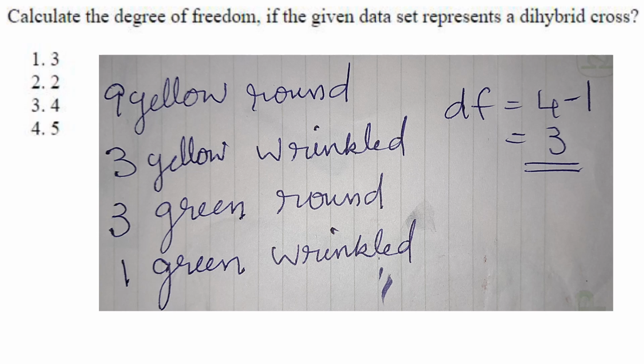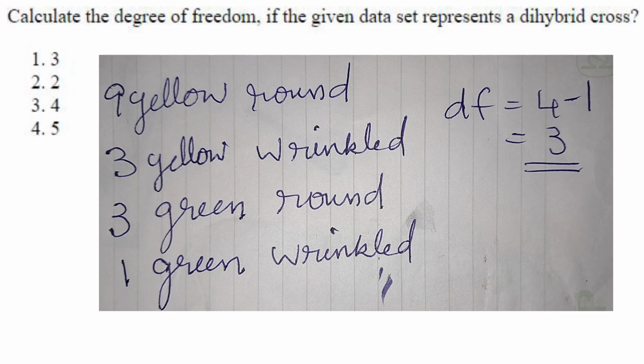Then next one. Calculate the degree of freedom if the given data set represent a dihybrid cross. Now you know in a dihybrid cross you got 9 yellow round, 3 yellow wrinkled, 3 green round and 1 green wrinkled. When you did Mendelian studies, that time you got 9:3:3:1.